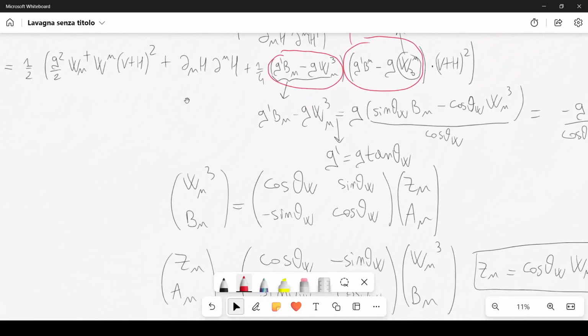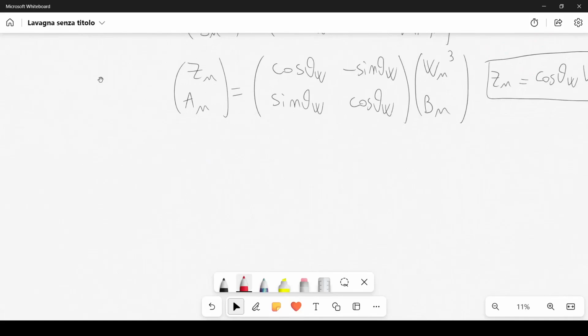Therefore, we have shown that D mu phi dagger D mu phi, which is part of the Lagrangian, is equal to 1/2 d mu h d mu h.